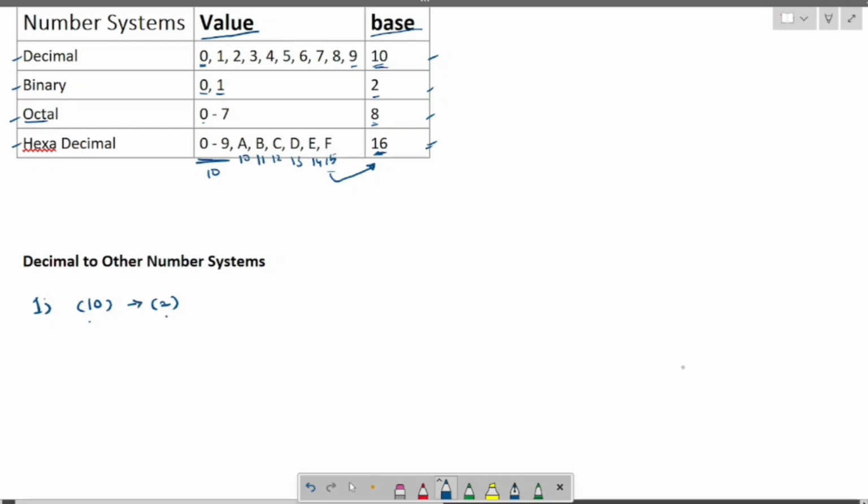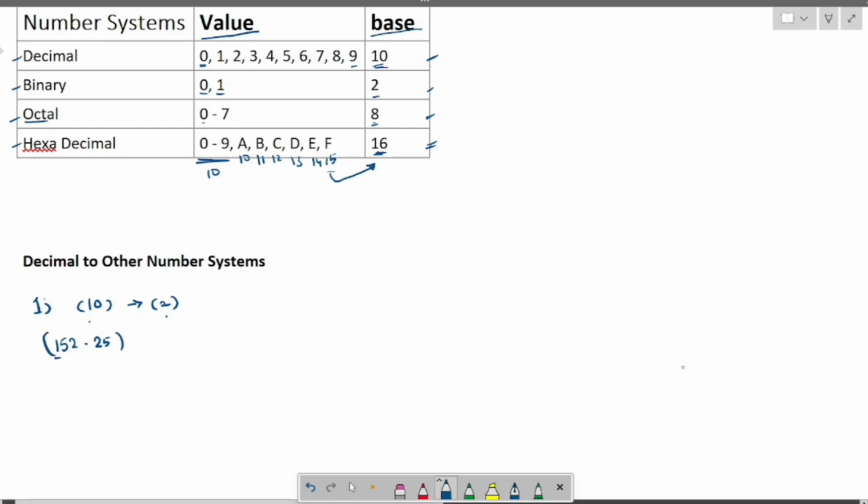Okay, now let us take the example 152.25. So 1 we have, 5 we have, 2 we have, 2, 5 we have. This will come under decimal, octal as well as hexadecimal. So as of now we are considering it is a decimal.